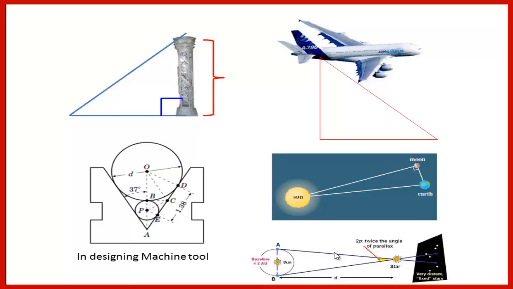In 240 BC, Eratosthenes calculated the radius of the earth using trigonometry and geometry. A group of European astronomers started an experiment in 1997 and calculated the distance between Venus and the Sun.